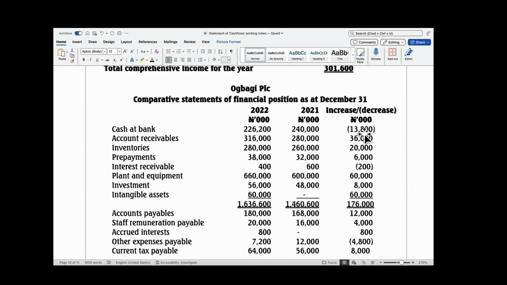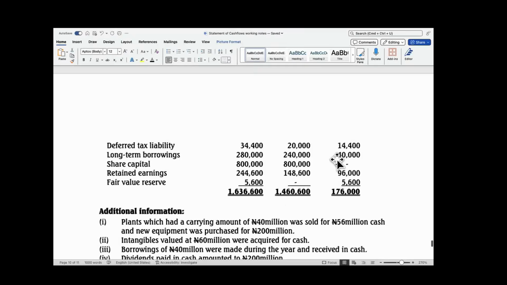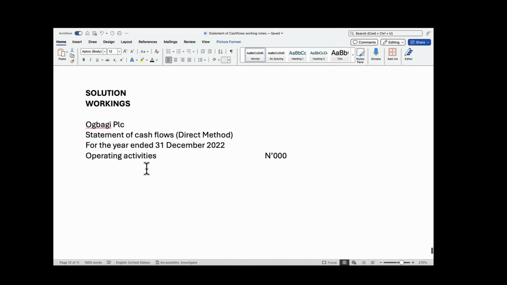There are account receivables here of 36 million. So that means we did not receive the whole of that money. That means our cash received from our customers is that 3.2 billion minus that 36 million.